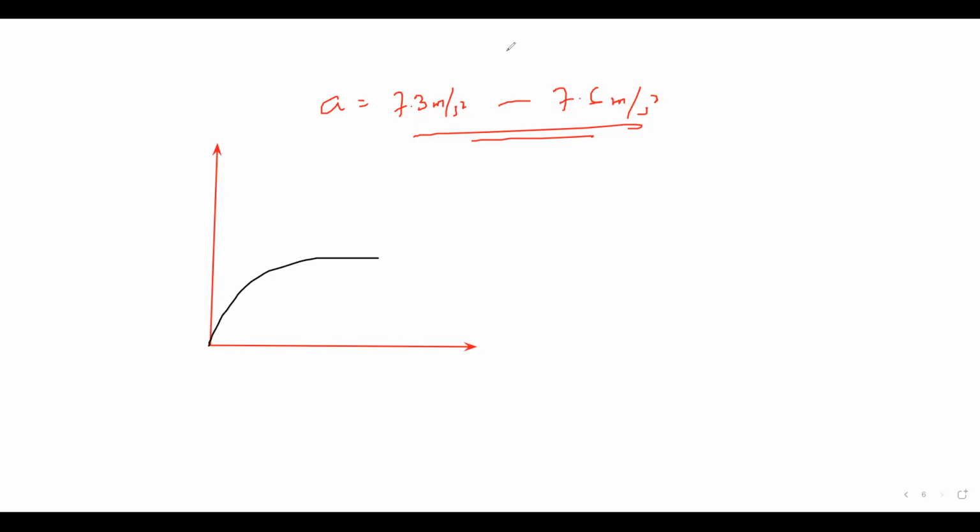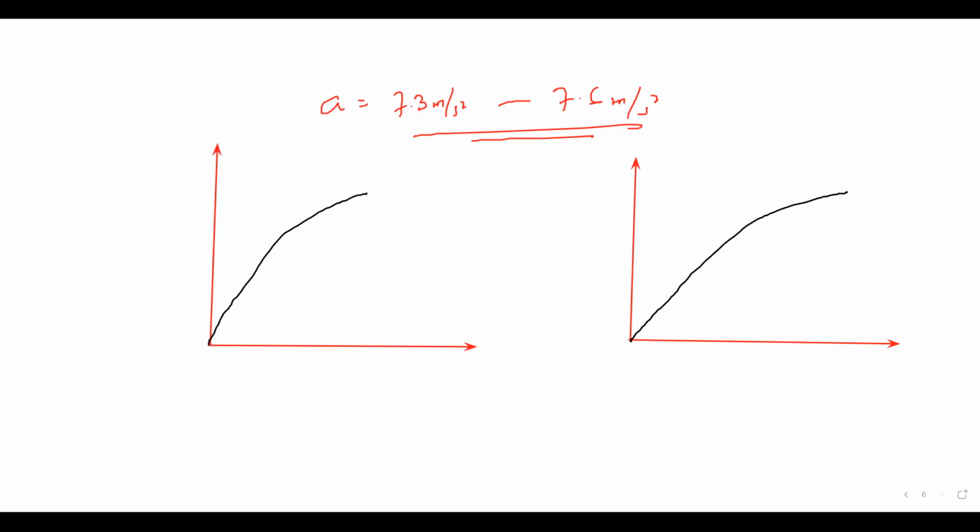For example, if this was a graph for a speed time graph and a similar graph was there, and you want to find, say two students solve the same question, student A and student B, with time 1, 2 and 3.